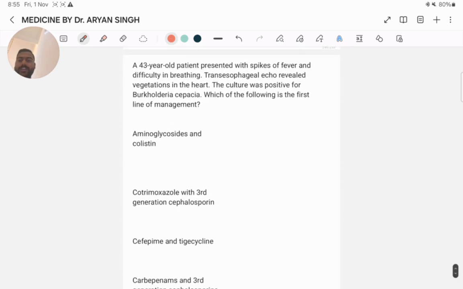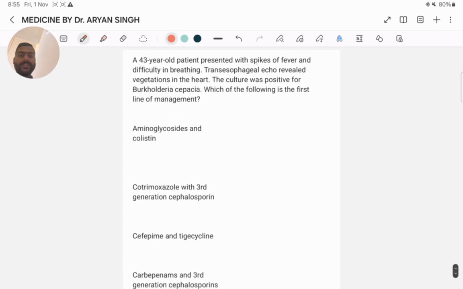Next question. A 43-year-old patient presented with spikes of fever and difficulty in breathing. Transesophageal echo revealed vegetation in the heart. The culture was positive for Burkholderia cepacia. Which of the following is the first line of management? Aminoglycoside and chloramphenicol, cotrimoxazole with third generation cephalosporin.